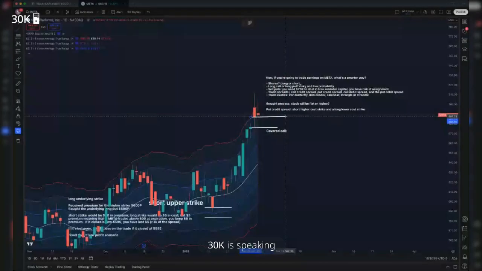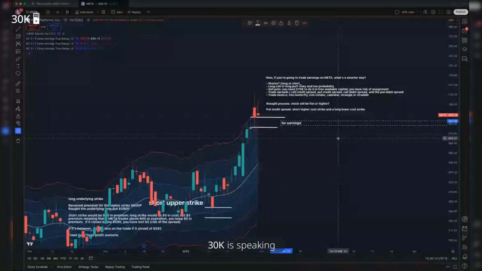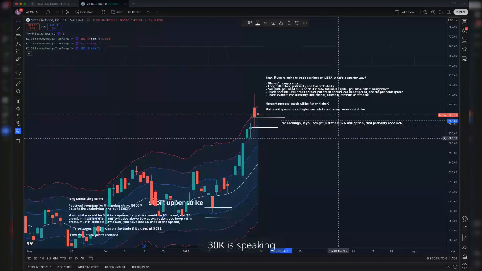So if you did the $10 spread, in this case for earnings, if you bought just the 675 call option, that probably cost $25. I don't know if anybody has the premium record on hand for Meta earnings, but I bet it was that amount of money.